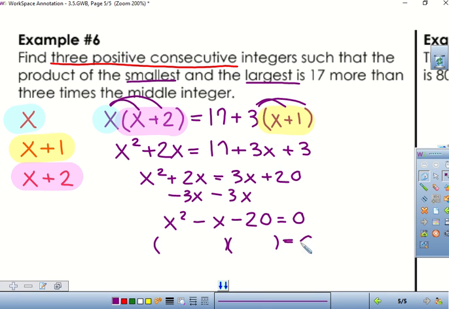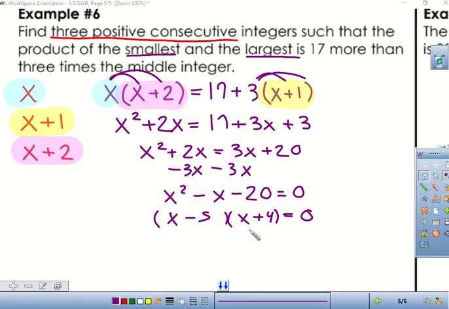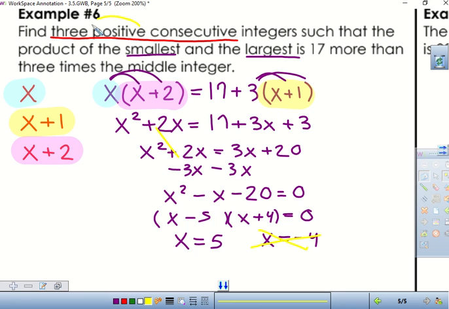And factor. So I get x equals 5 and x equals negative 4. Which one of these is going to get rejected? Good, because they said they want positive integers. So my first number is 5, my second number is 6, and my next number is 7.